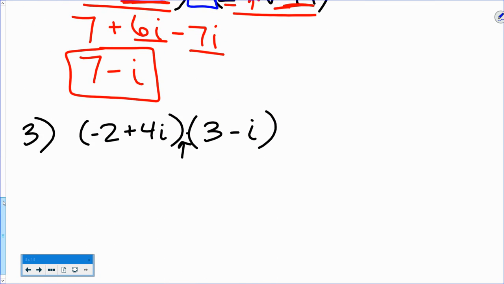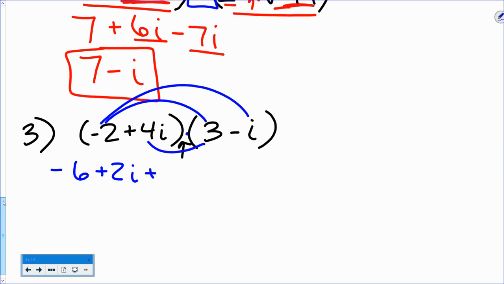Now is when I'm actually going to do my FOIL or my double distributive property here. So I'm going to take negative 2 times 3 for negative 6. Negative 2 times a negative i would be a positive 2i. Plus 4i times 3 would be 12i. And then 4i times negative i would be a negative 4i squared.